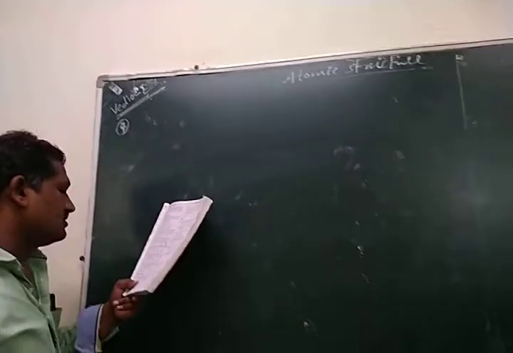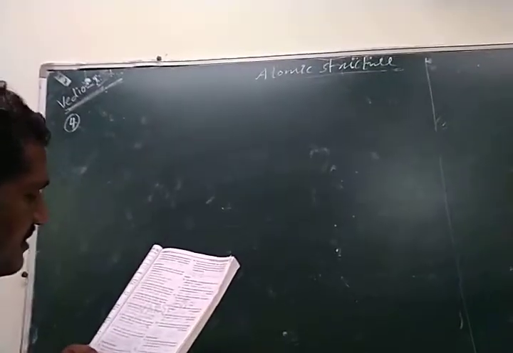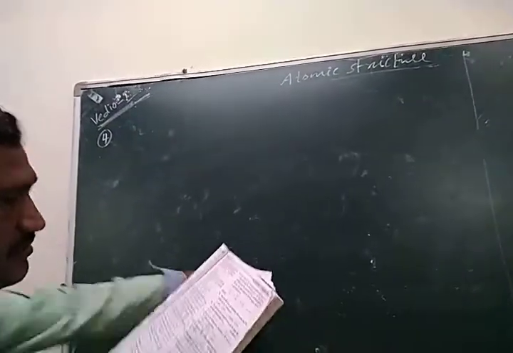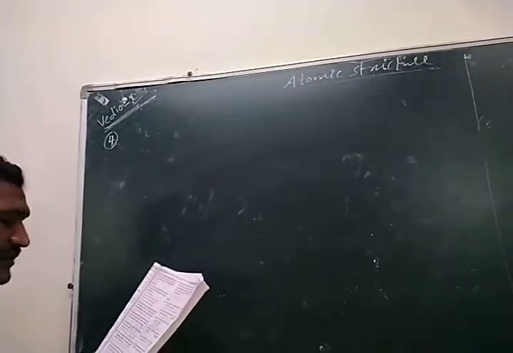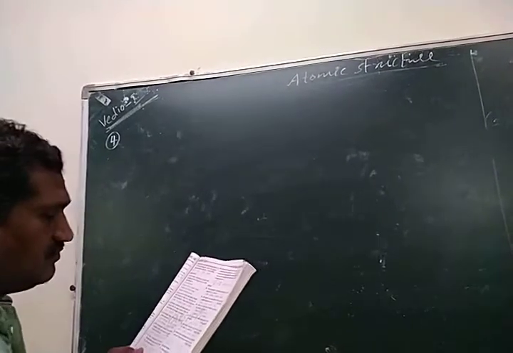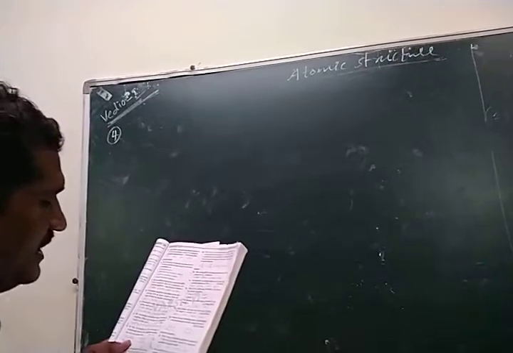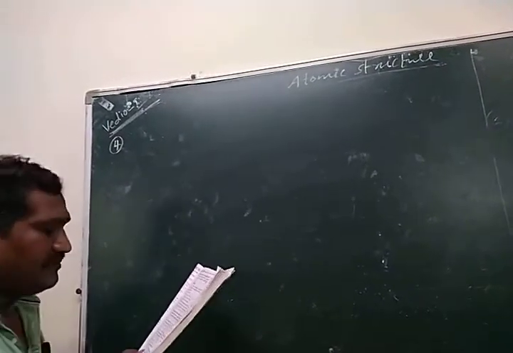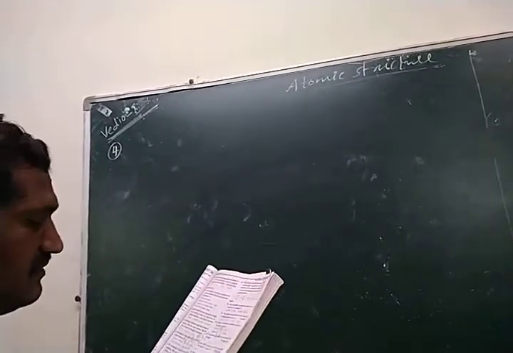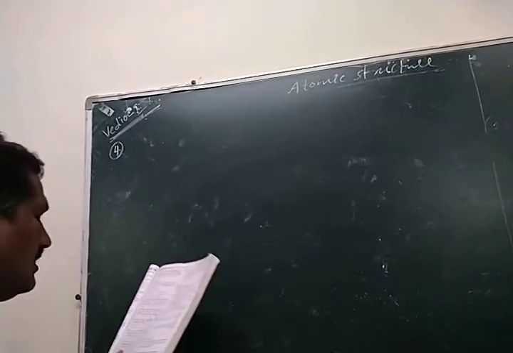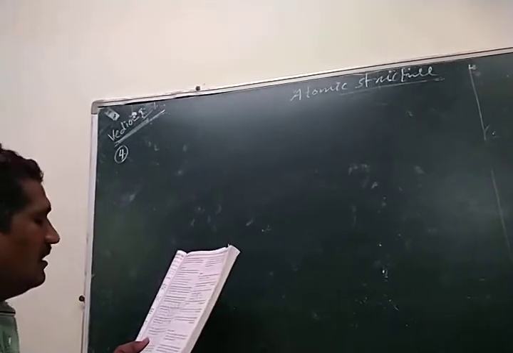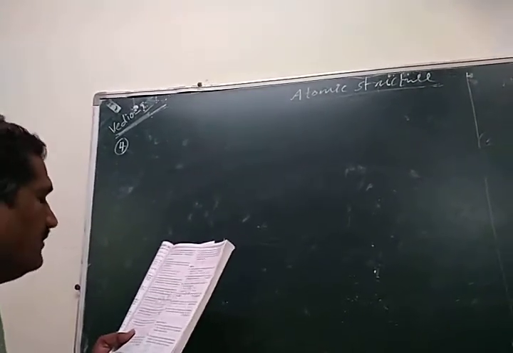Next question, question number 4. It is based on de Broglie's wavelength. The wavelength associated with a golf ball weighing 200 grams and moving at a speed of 5 meters per hour is of the order. They want the order of the wavelength.